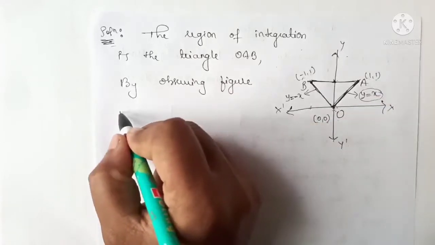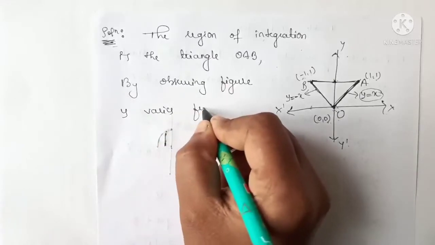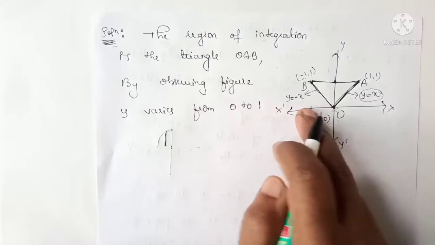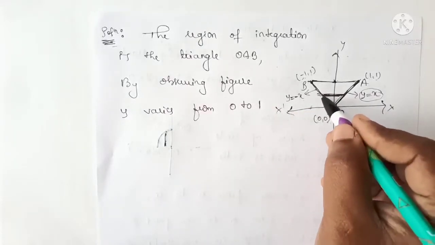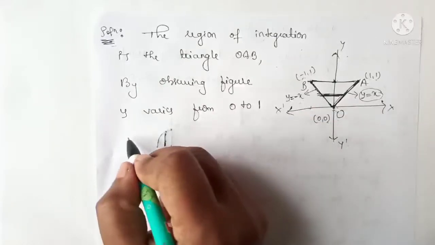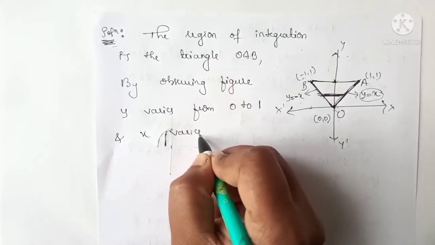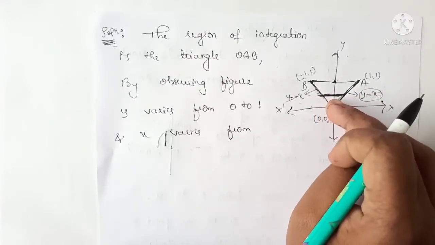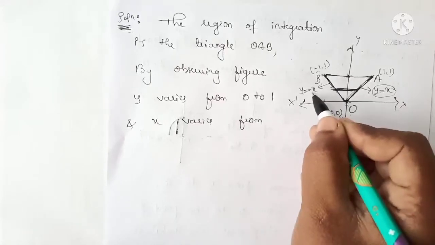So y varies from 0 to 1, and the variable we are taking is horizontal, so that is the x part. This line represents y equals minus x, and x varies along the x axis. So this line represents x equals minus y.